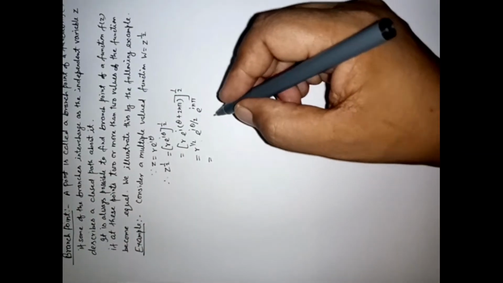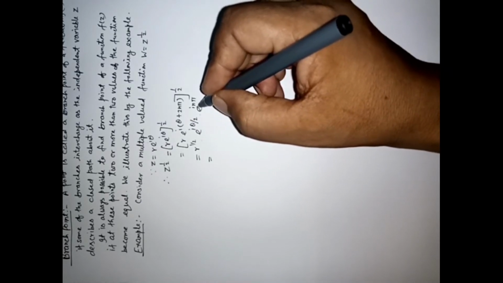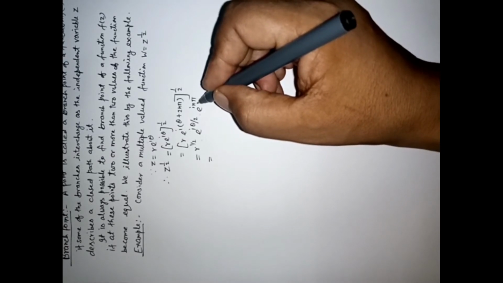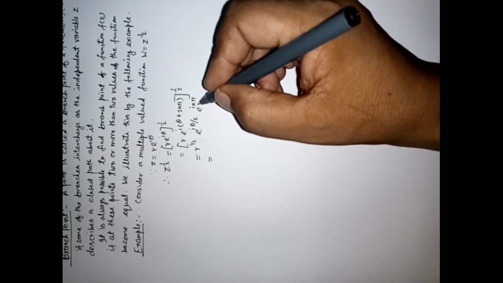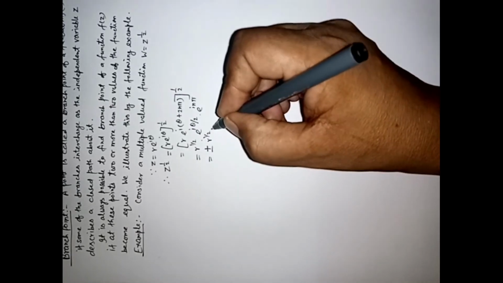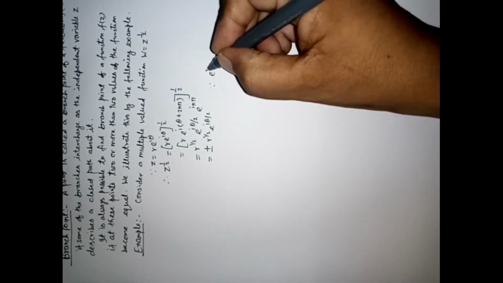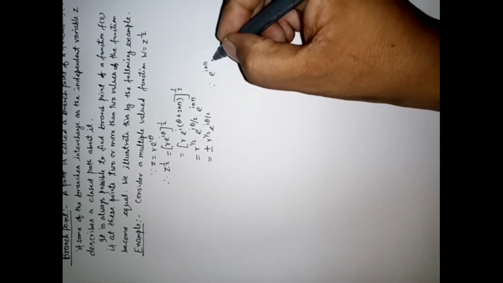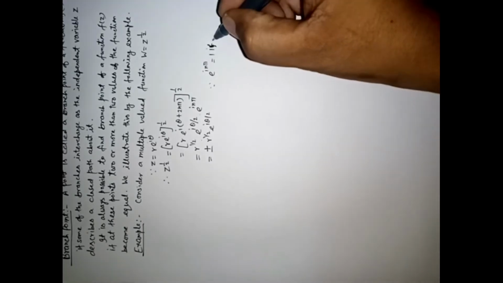So if we take n even, then e power i n pi is always plus 1, and if we take n odd, then e power i n pi is minus 1. So we write plus minus r power half into e raised to the power i theta by 2.